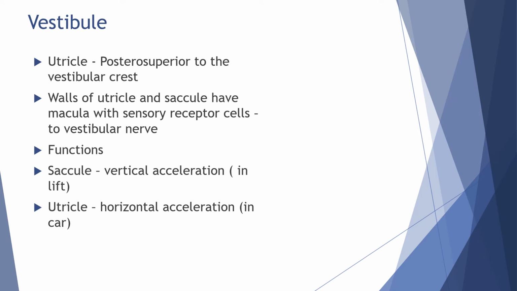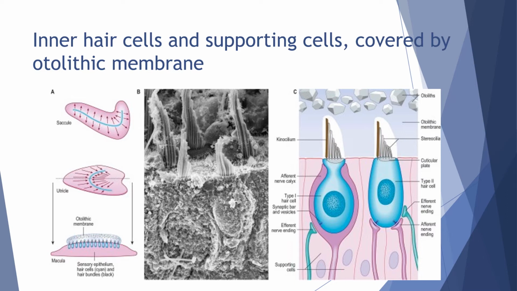The utricle is the posterior-superior part to the vestibular crest. The walls of the utricle and saccule have sensory receptor cells. These are called the macula, on which there are receptor cells which lead to form the vestibular nerve. So here you can see that there are inner hair cells and there are supporting cells.